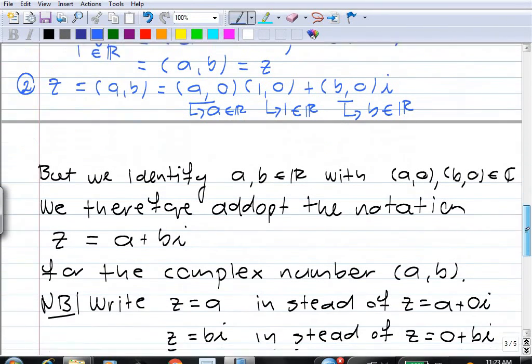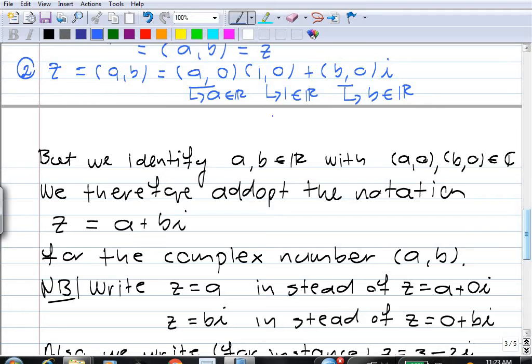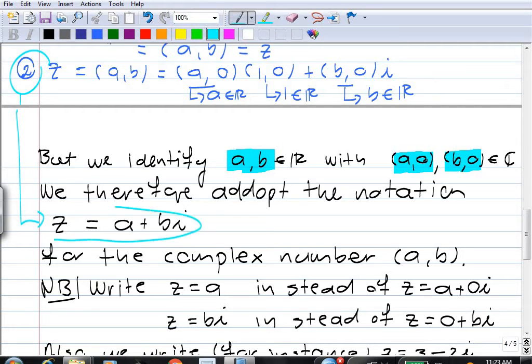Right. So, exactly because we identify the real numbers a, b with the complex numbers (a, 0), (b, 0), we now adopt this notation. From this equation here, we get this notation. So instead of writing (a, 0), we just write a, because (a, 0) is the complex number we get from the real number a.